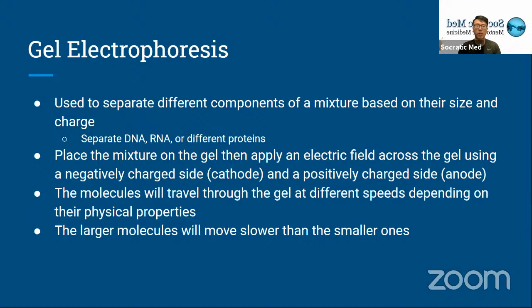The larger molecules will move slower than the smaller molecules just because of the size, and molecules of the same size that have greater charges will travel faster than molecules that are the same size but have a smaller charge. So that's just the general basis of gel electrophoresis.